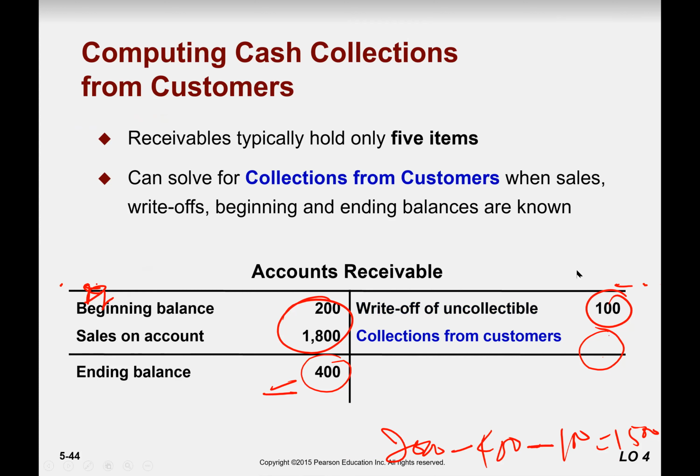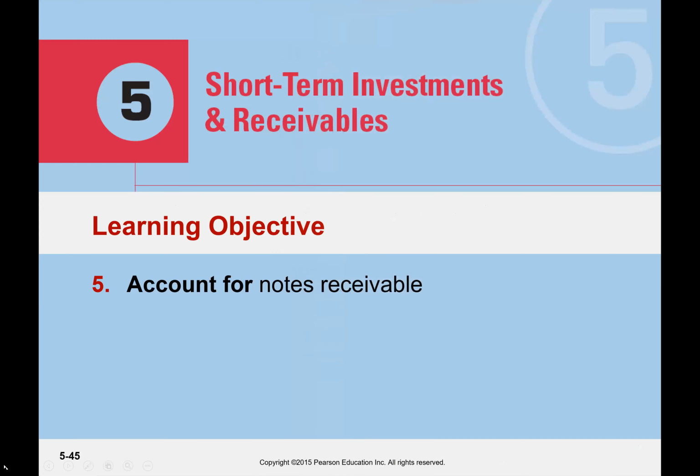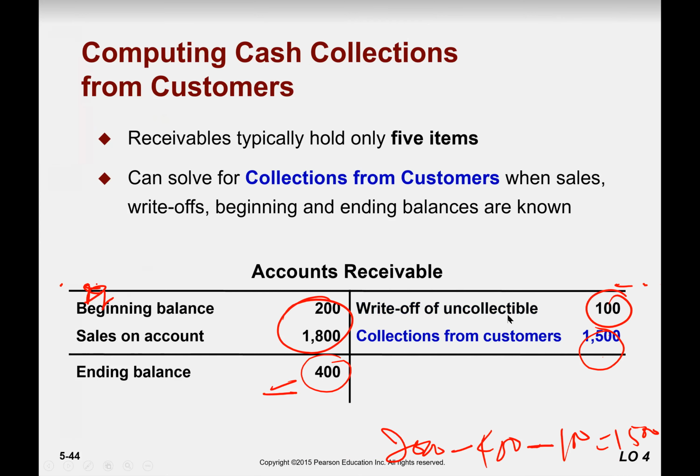So you can balance this and easily find out the missing value here, right? If there is no write-off, then it would be 1600. If there is a write-off, it would be decreased by the write-off, 1500.